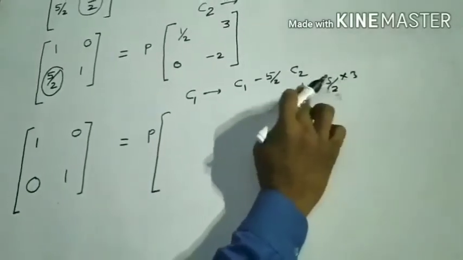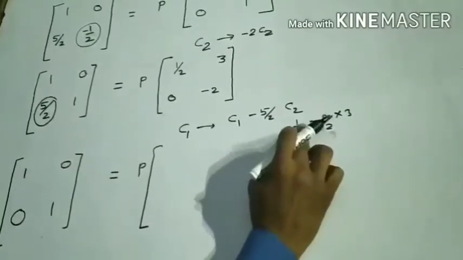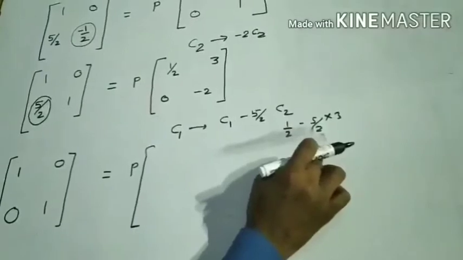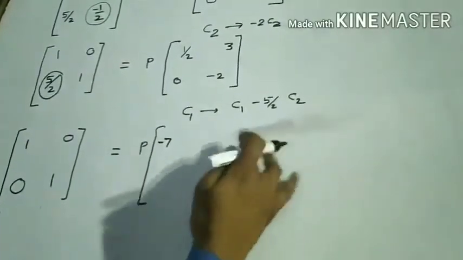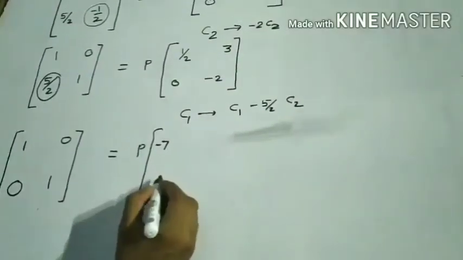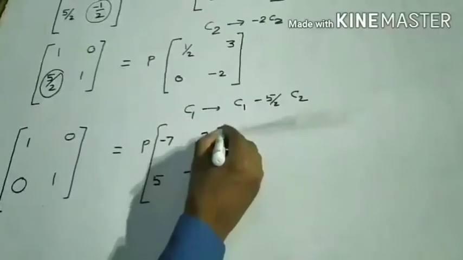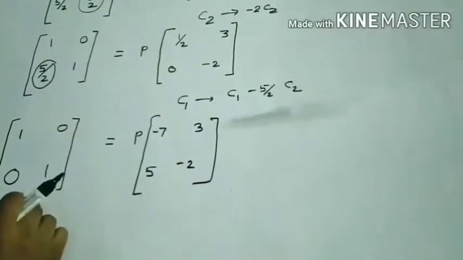Then after that what we will get? 1 minus 15, here 14 by minus 14 by 2, we will get here minus 7, and then here this becomes 5, and then this is 3, and here minus 2. Now here you have to see on this side what we are getting, this is the identity matrix.